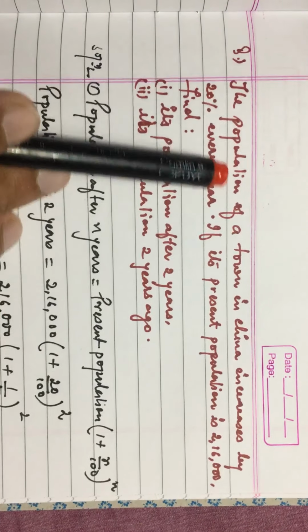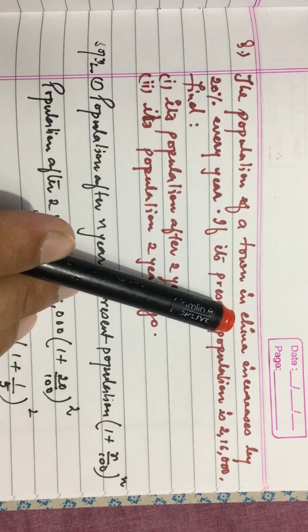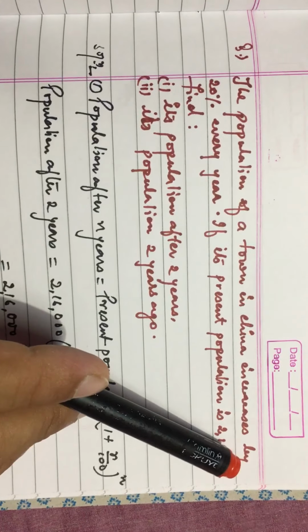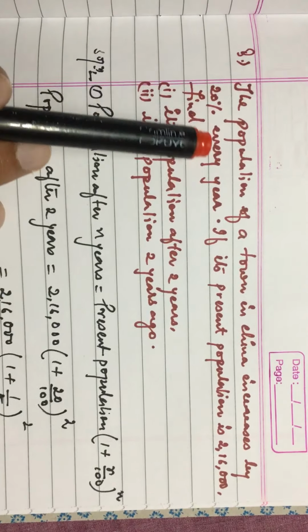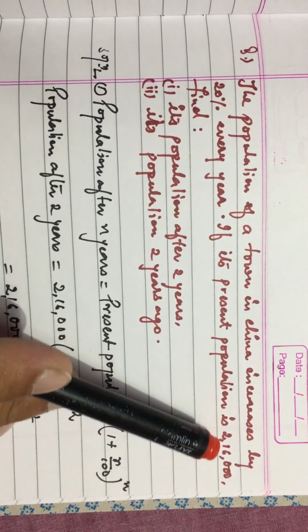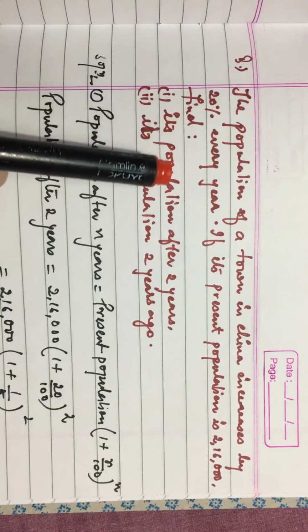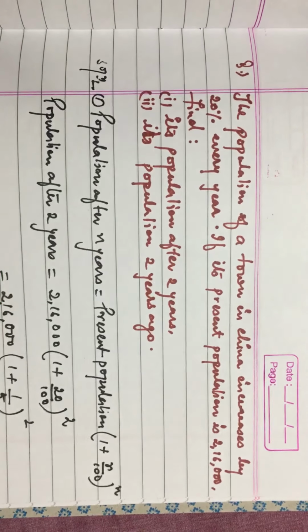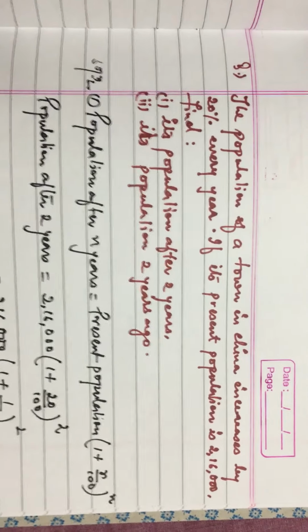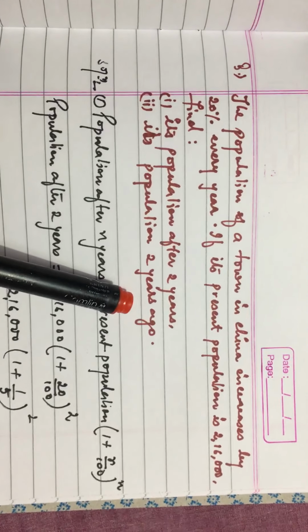The population of a town in China increases by 20% every year. If its present population is 2,16,000, find its population after 2 years, and second, its population 2 years ago.